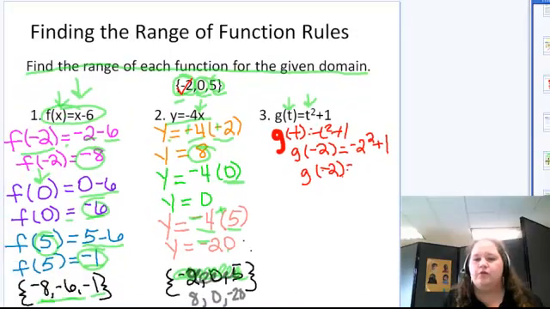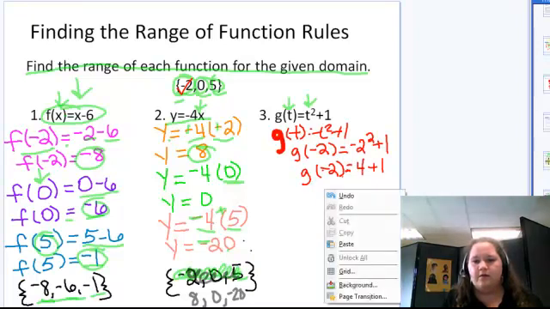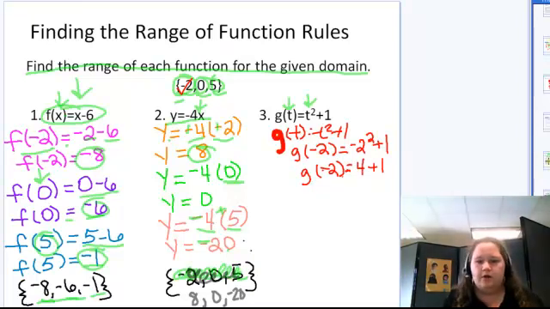Negative 2 squared is going to be a positive, so that becomes 4 plus 1. So g of negative 2 equals 5, because 4 plus 1 is 5.